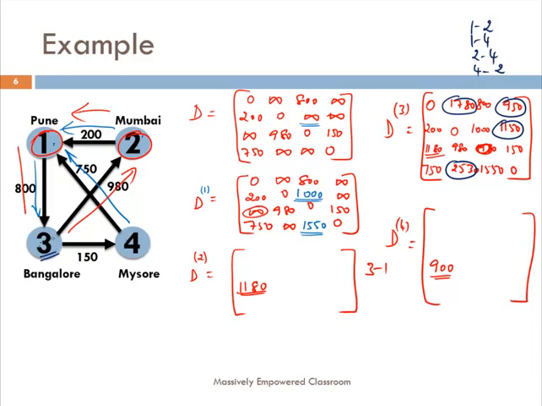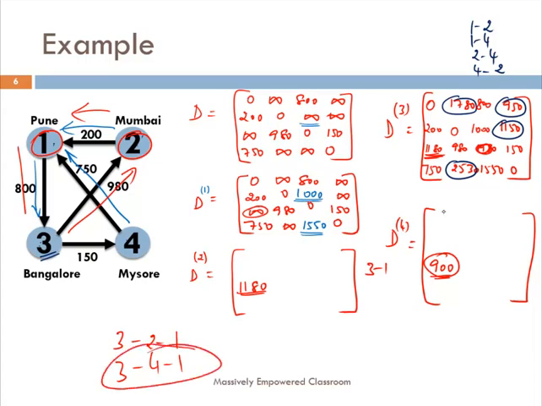Because if we are not allowed to go through node 4, the path we had found from 3 to 1 was through 2, and the cost of that was 3 to 2 980 plus 200, 1180, which is what we had here. Now that you are allowed to go through node 4, you can do 3, 4, 1, right? And the cost of that is 4 to 1 is 150 plus 750 is just 900. This is a shorter path.